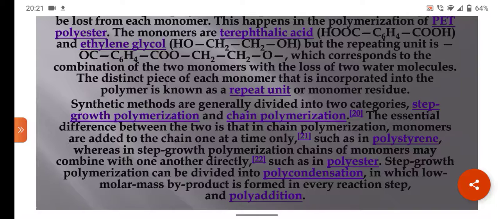Step growth polymerization can be divided into polycondensation, in which a low molar mass byproduct is formed in every reaction step, and polyaddition.